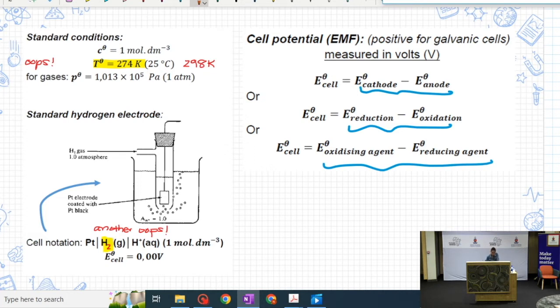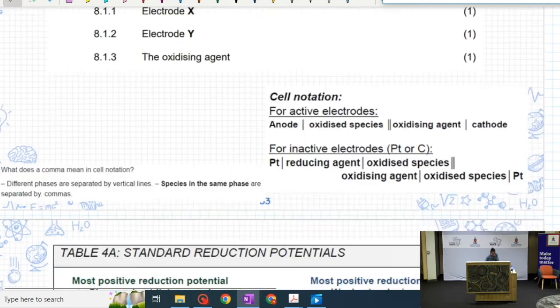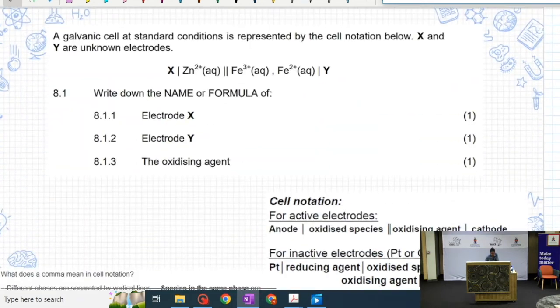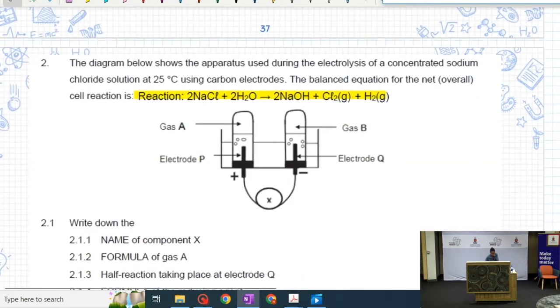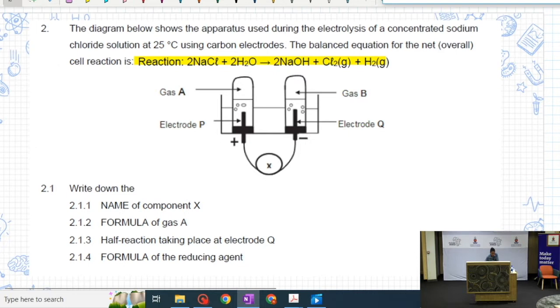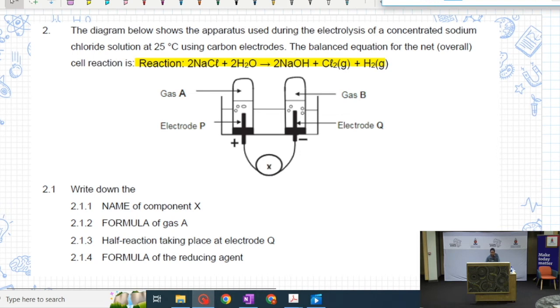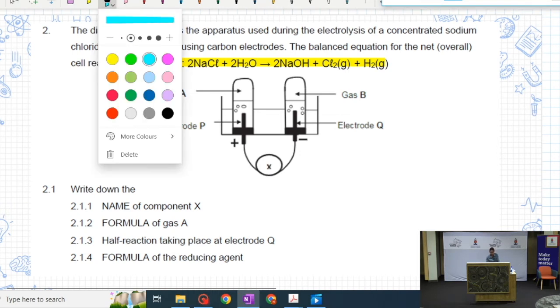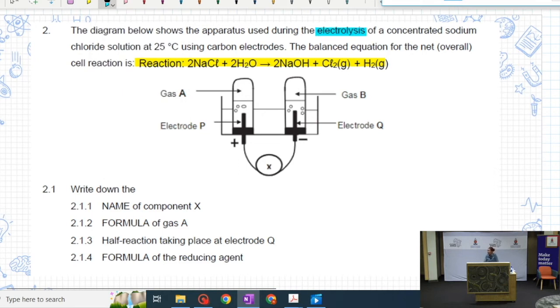Okay, so on that note, I would like you to please try question number 2. They said the diagram below shows the apparatus used during electrolysis. Electrolysis, a galvanic or an electrolytic cell? Electrolytic, okay, so that's very important.